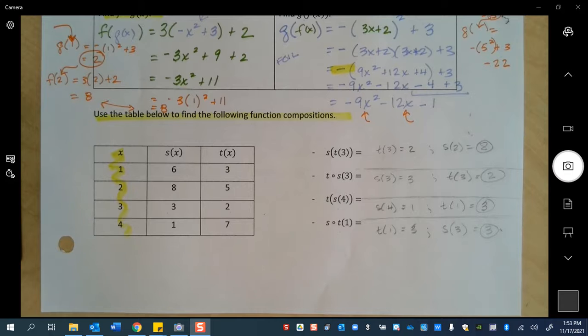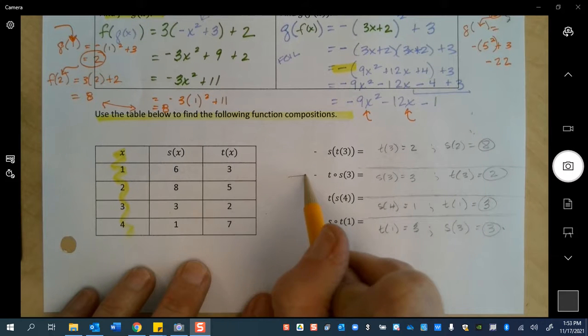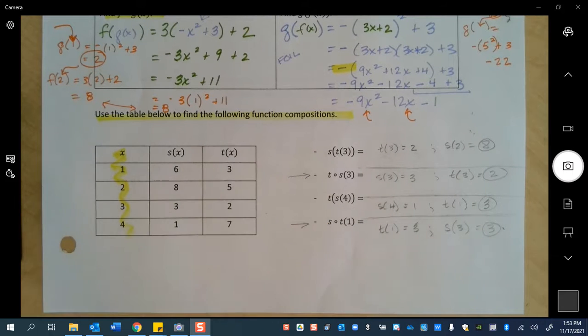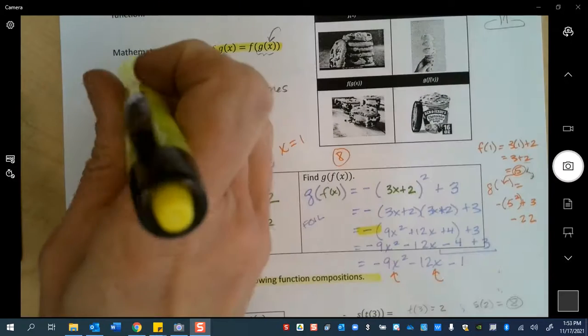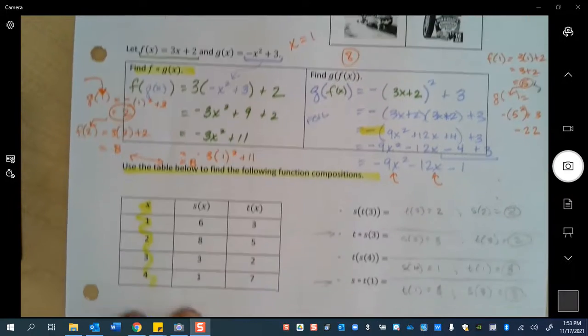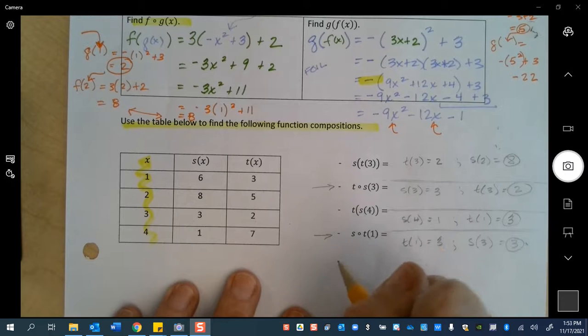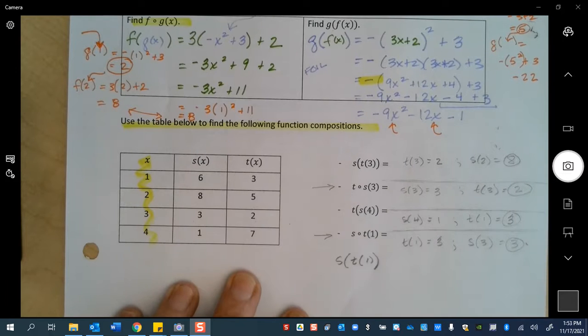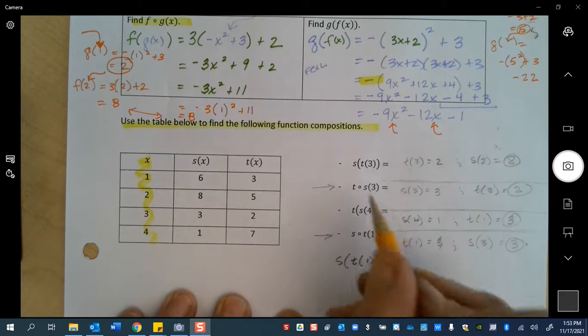Now, again, this type of notation, this here and this here, I sometimes struggle with. So I go back to how I know it's to be read. And to me, when I read it that way, it makes perfect sense when I say S of T of 1. I'm going to take the time to rewrite this as this because this means plug 1 into T and take that result and then plug it into S. Same thing here.